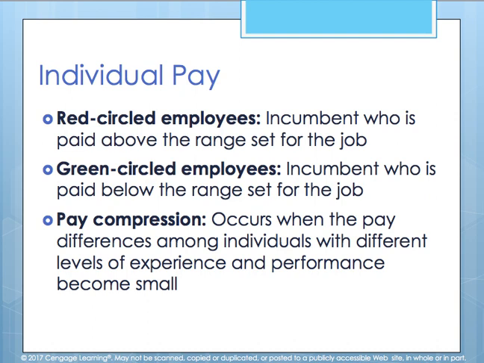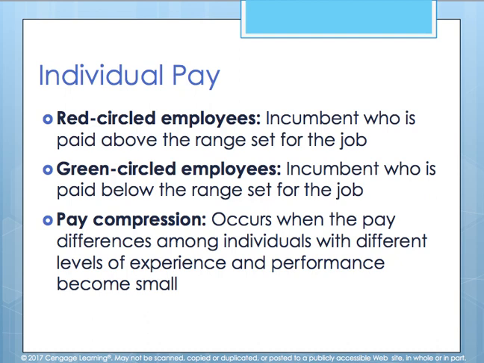Now, looking at individual pay, we have some red circled employees and green circled employees. The red circled employees are anyone who's paid above the range that is set for the job. They're already above where everyone else is being paid.